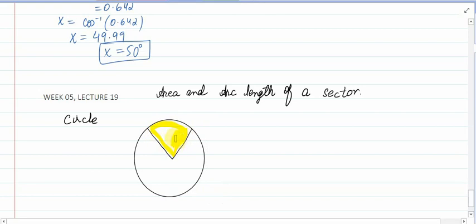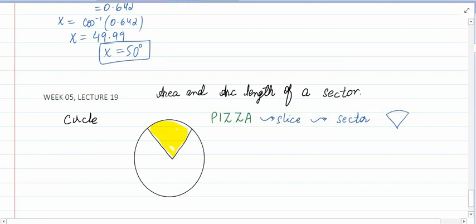Or if you see, there is an example of a sector, that is pizza. Basically the slice of pizza is the shape of a sector, right? This slice is basically a sector.